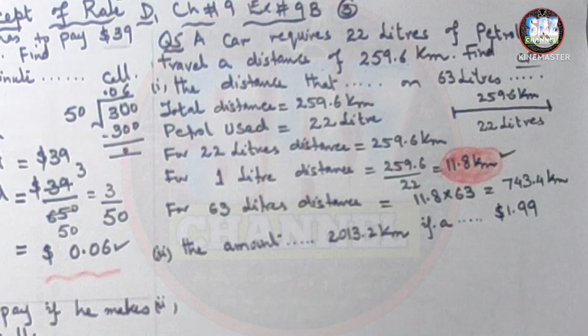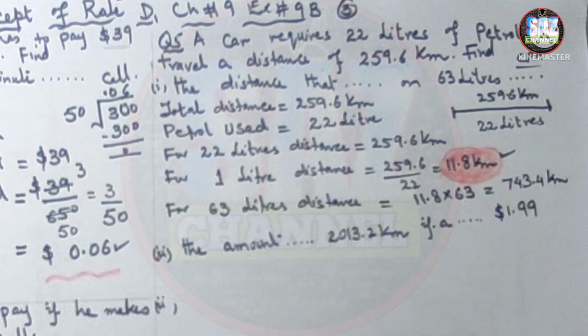So I hope students you are really clear how we are finding how much distance is covered in 1 liter, and how much distance will be covered in 63 liters, when the total petrol is 22 liters for 259.6 kilometers.